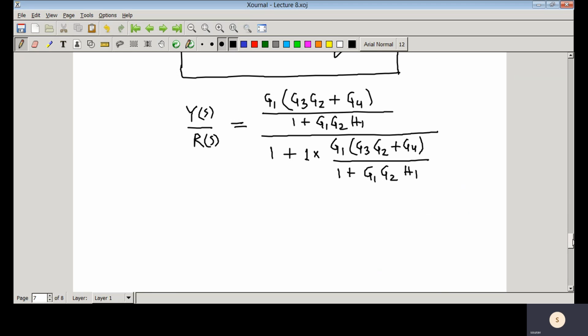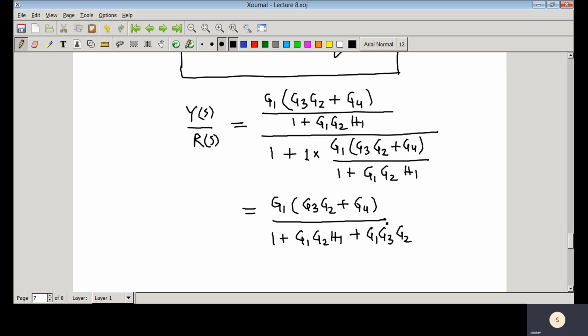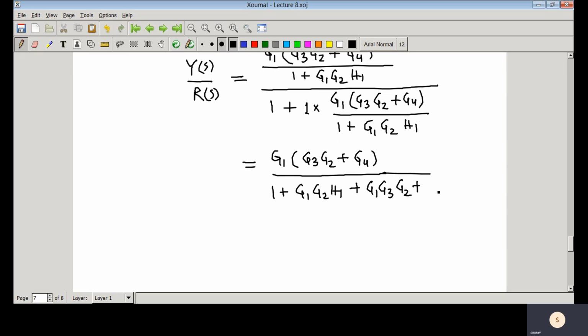Now if you simplify that, you will get G1 into G3 G2 plus G4 divided by 1 plus G1 G2 H1 plus G1 G3 G2 plus G1 G4.